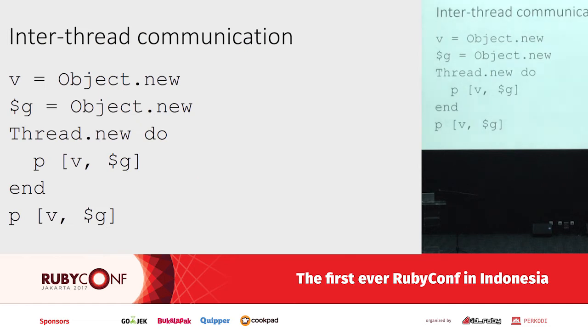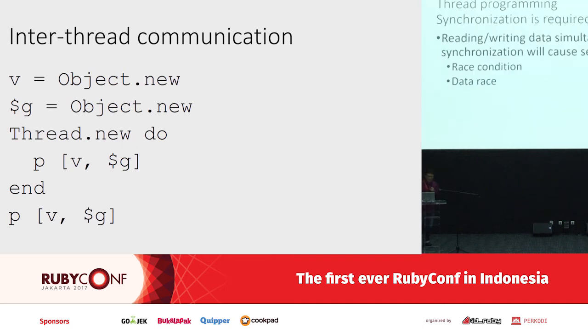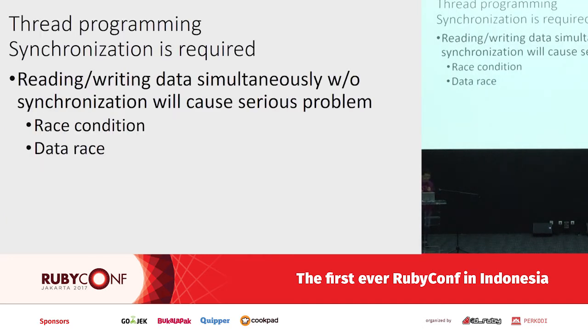For example, outer variables, global variables, or class variables can be shared between this thread and the main thread. So it is easy to communicate, but we need to introduce some synchronization for thread safety. This is the same topic as yesterday's talk.